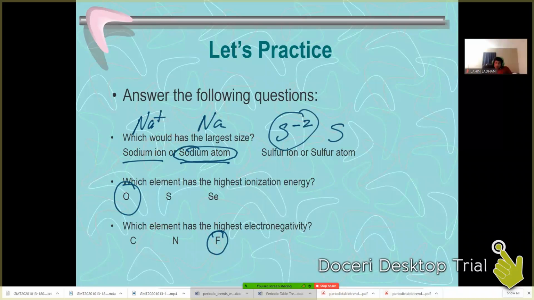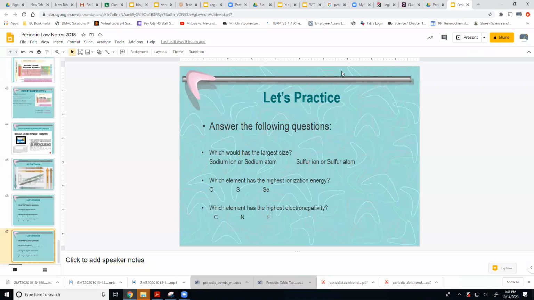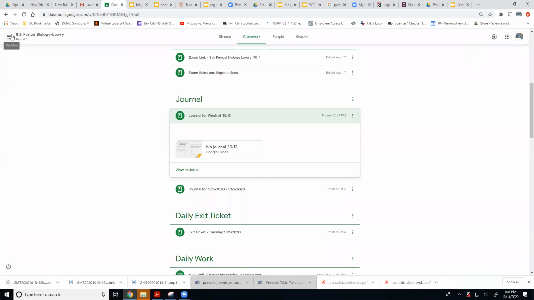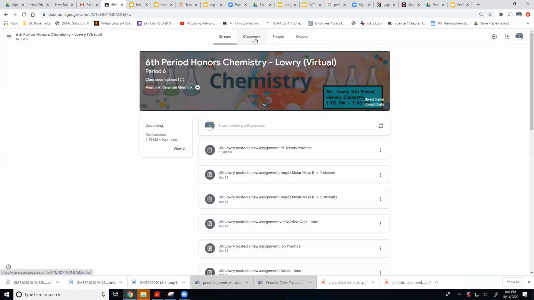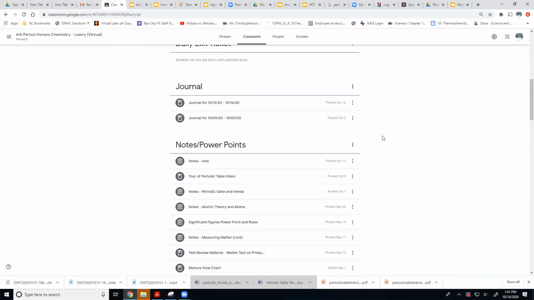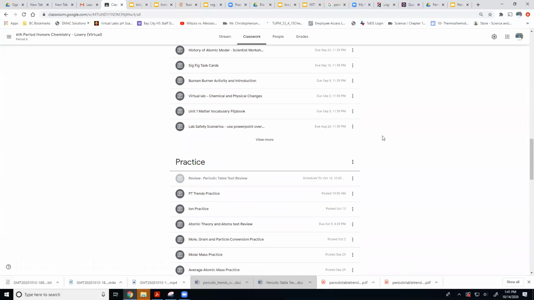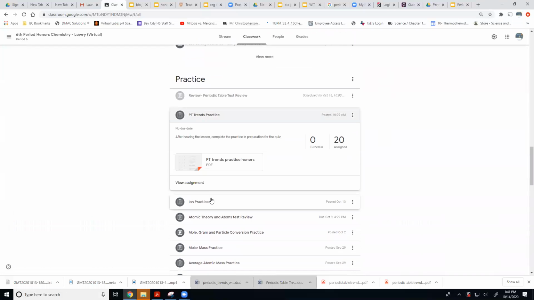So like I said, there's a couple of different ways to approach this, with the trends or with looking at your extremes. If you go into your Google Classroom, y'all have y'all's on paper, but this is for my honors. If you go into your Google Classroom, then under practice, you have periodic table trends practice.